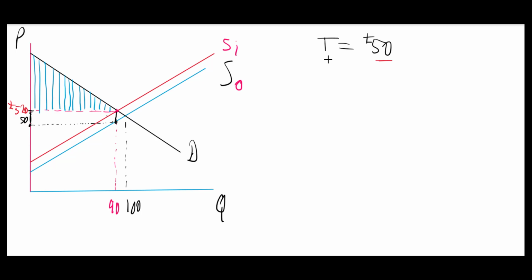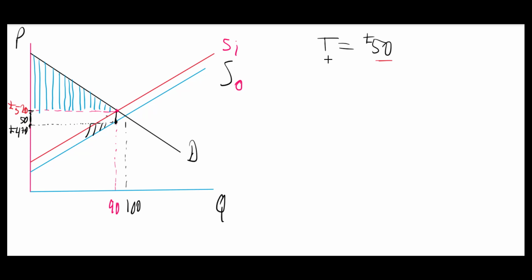So that's 520 minus 50, which is 470. Let me just write it properly here. 470. Right, so that's the price for that unit they receive, and their surplus is then this area here.